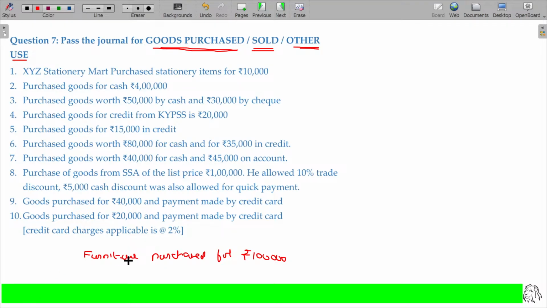Furniture is an asset, so it comes in debit, and cash goes out, credit. But now the question is, who does this operation? Is it the furniture trader or someone other than the furniture trader?